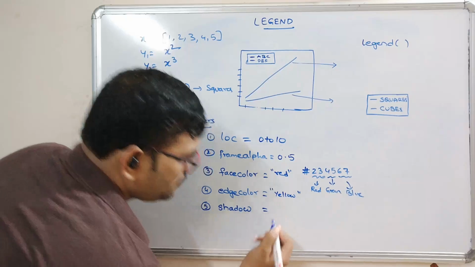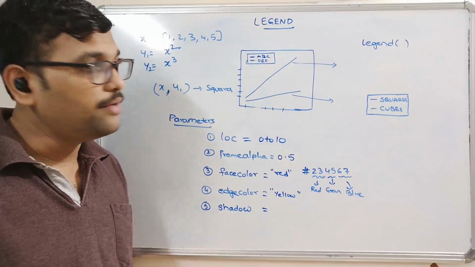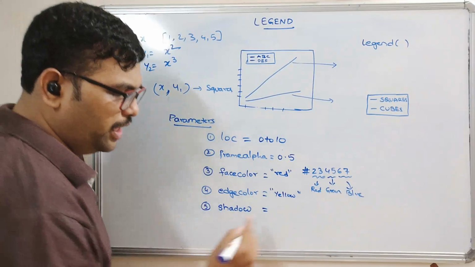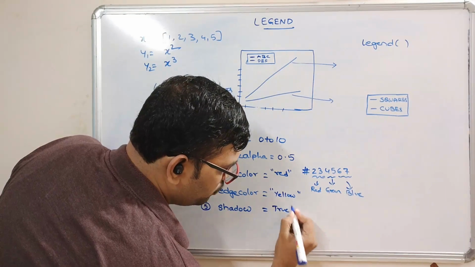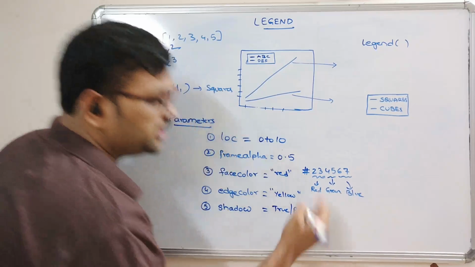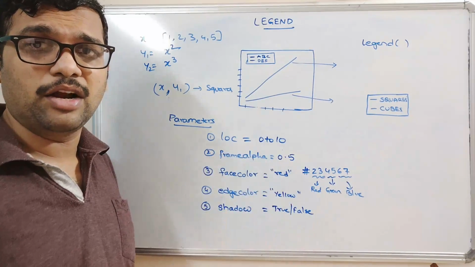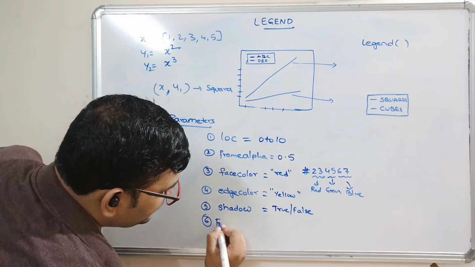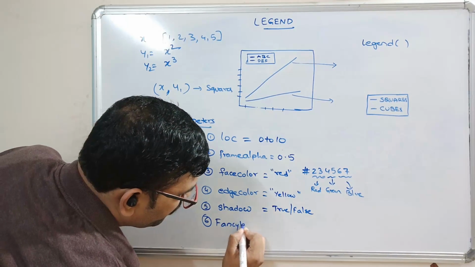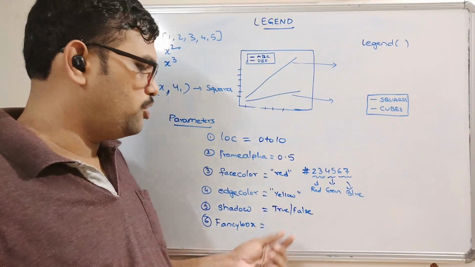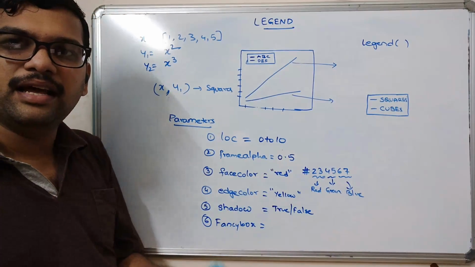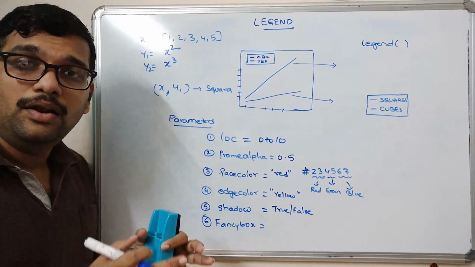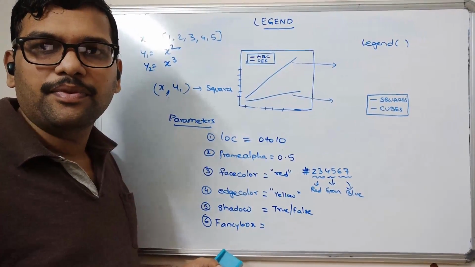And the next one is shadow. The shadow parameter will give a small shadow for this box. This is a boolean, so it may be either true or false. If it is true, the shadow will appear. If it is false, the shadow will not appear. And the next one is fancy box. The fancy box is used to represent the box as either a rectangle or a rounded rectangle.